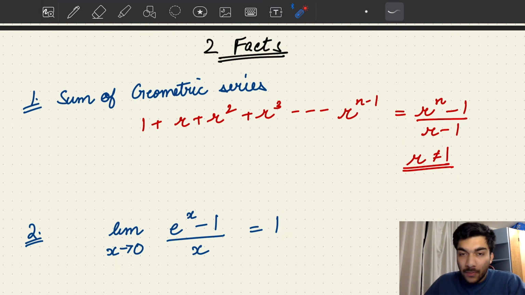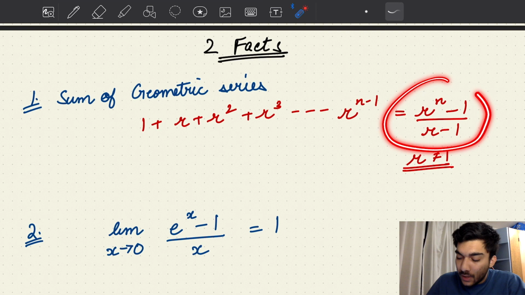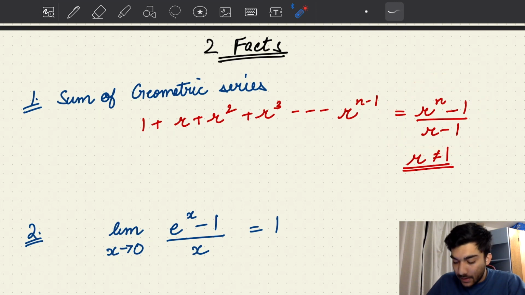So this formula does not apply to the r equals 1 case. This r is also known as the common ratio. If you have a common ratio which is not 1, you can use this sum formula to calculate the sum of a geometric series.